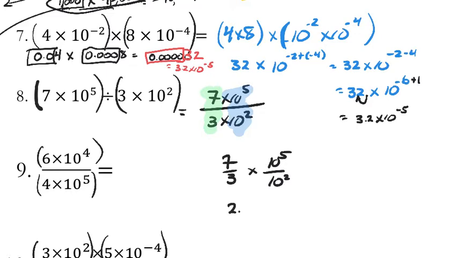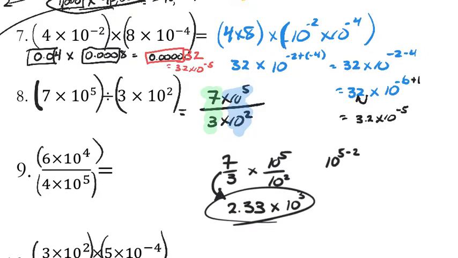So this is 2.3 repeated. And then when you're dividing exponents, this is 10 to the 5th minus the second, which is 10 to the 3rd. That's the answer to that.